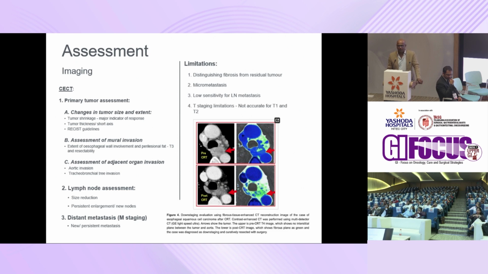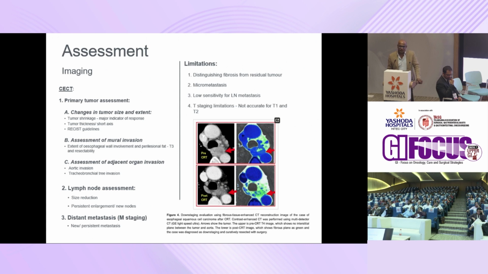But complementing it with PET-CT, we'll have a better idea whether it has spread across the body. Like PET-CT, the limitation is we cannot definitively differentiate fibrosis from tumor, and micrometastasis is not possible. There is low sensitivity for lymph nodal metastasis, and T-staging limitations are there.